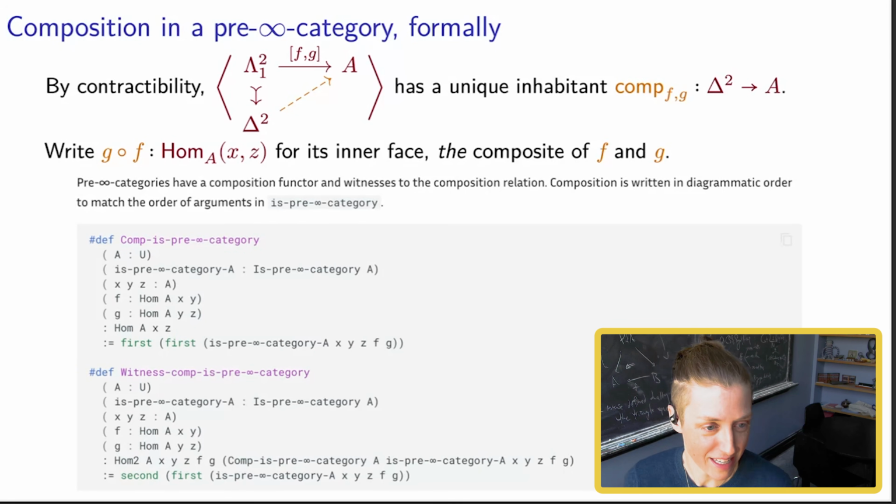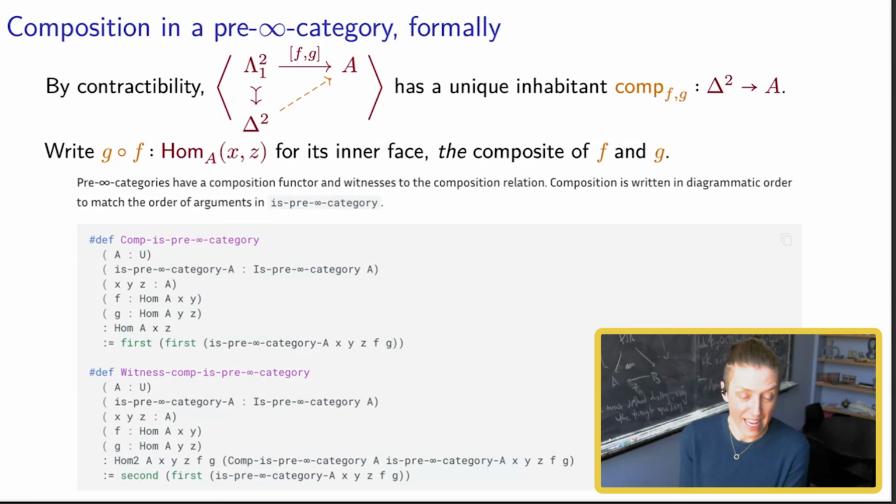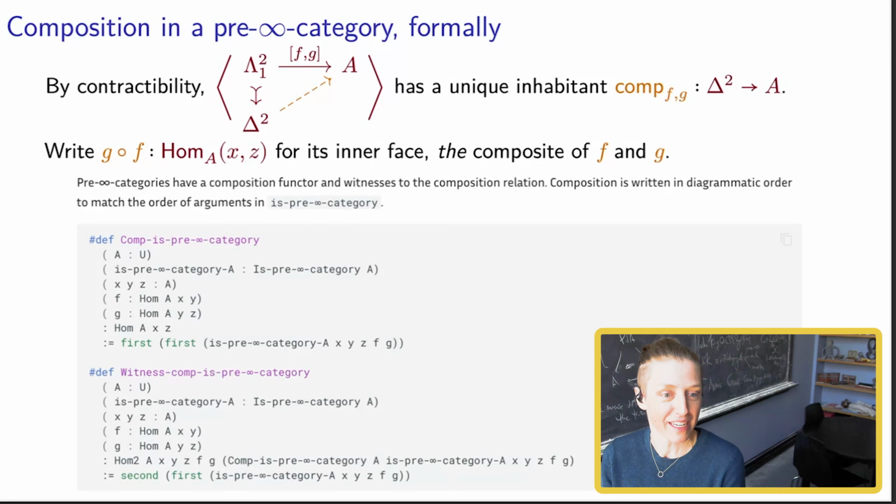So the composition says that if I'm given a type A satisfying that hypothesis, then given X, Y, Z, 3 terms of type A, and an arrow from X to Y and an arrow from Y to Z, I get an arrow from X to Z. And I just get it by projecting out this witness to the contractibility, essentially.